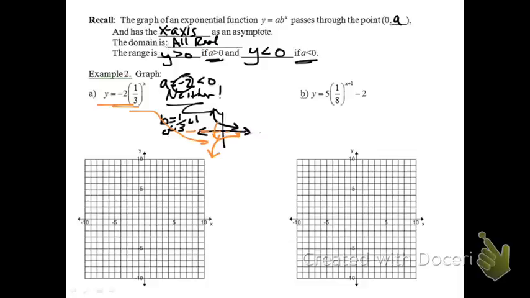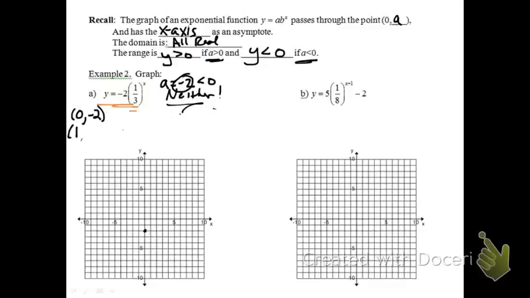Let's graph this. I'm going to plot a few points. If we plug in 0, we'd get 1/3 to the 0, which is 1, and we would get an output of -2. So I'm going to plot (0, -2) right there. If I plug in 1, I'd have, let me write it over here, I'm going to erase some of this stuff I had done before.